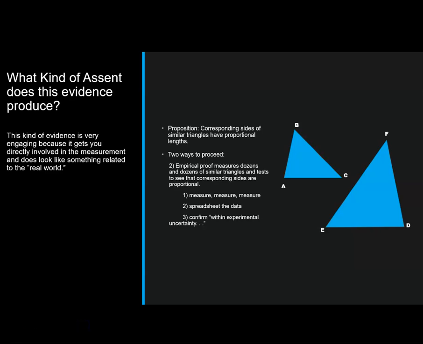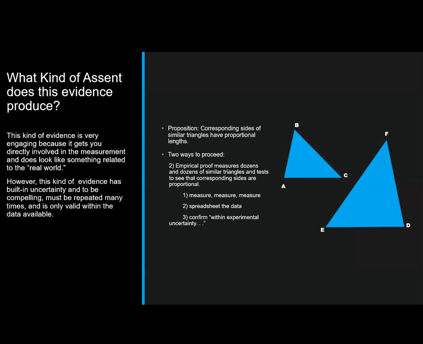What kind of assent does this kind of evidence produce? Well, it's very engaging because it makes you get out your tape measure. It gets you directly involved in the measurement and does look like something related to the real world, like an engineer would do. But this kind of evidence has built-in uncertainty, and to be compelling, it must be repeated many times by many people, and it's only valid within the data available.